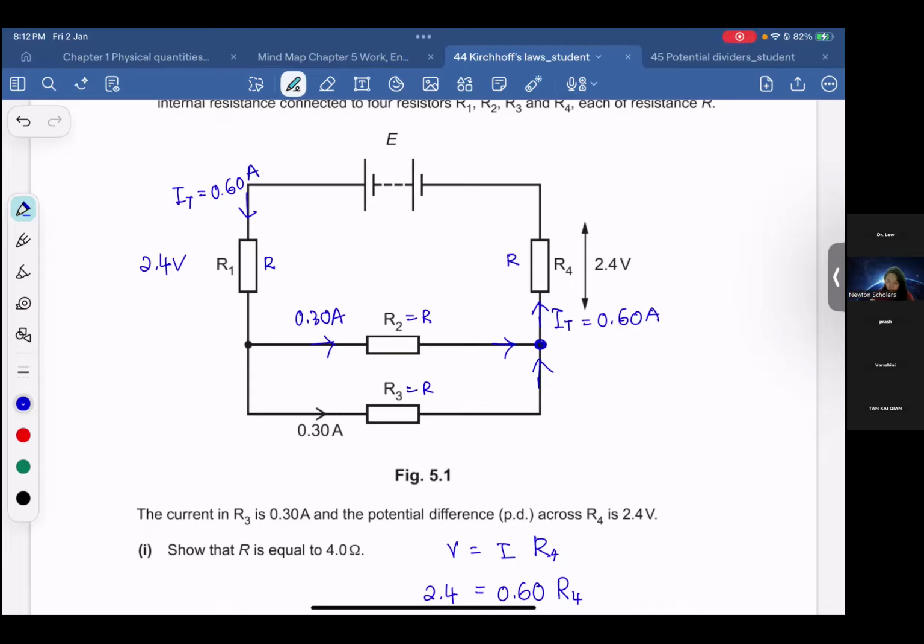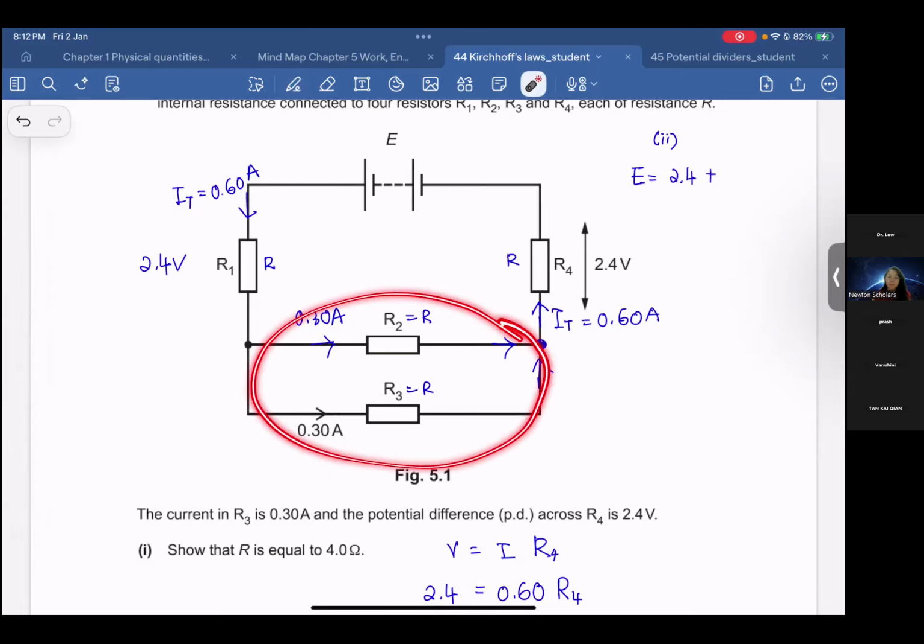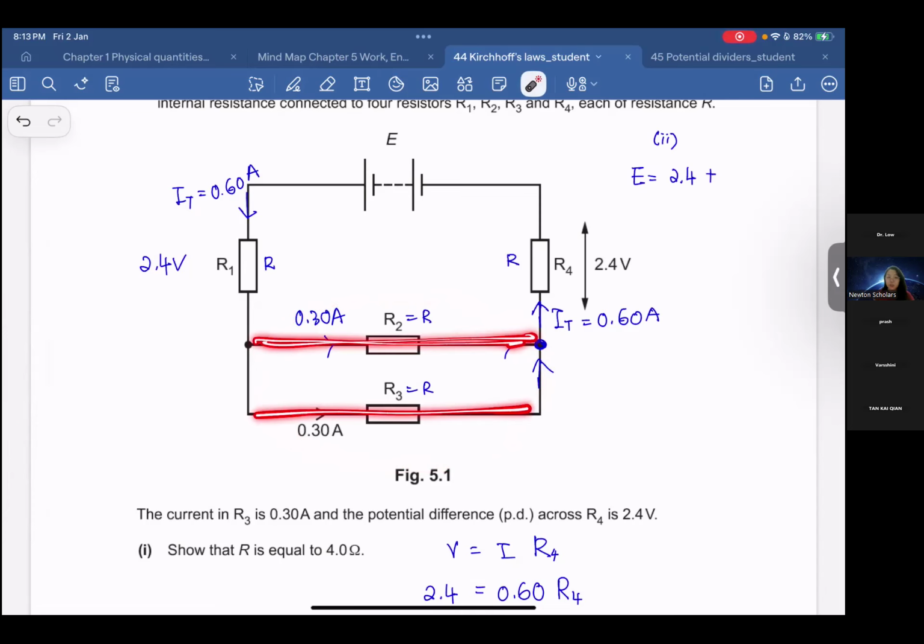So here, question number 2, the EMF is actually 2.4 volt plus, this is a parallel circuit. So you only need to find one of them, because they will have the same voltage. This path's voltage and the second path's voltage will be the same.